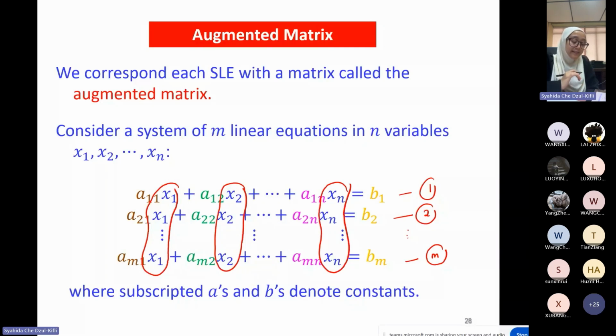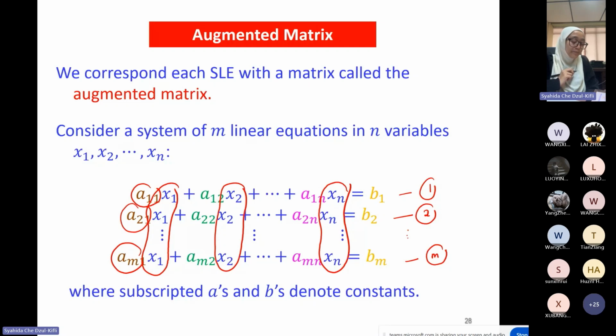And in this system, we also have coefficients. So A11, A21, up to AM1 are coefficients for the variable x1.